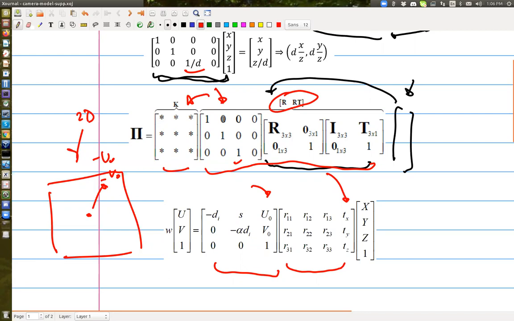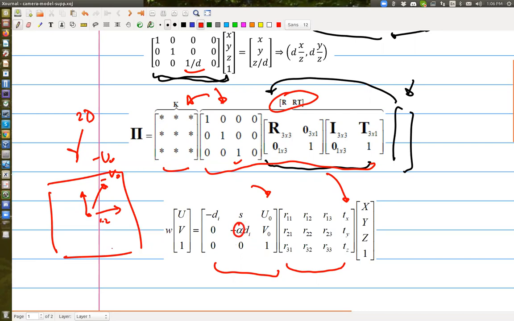If there's a different aspect ratio horizontally and vertically, maybe the unit here is 1 millimeter, or maybe 1.2 millimeter, we can take care of that using this alpha here.